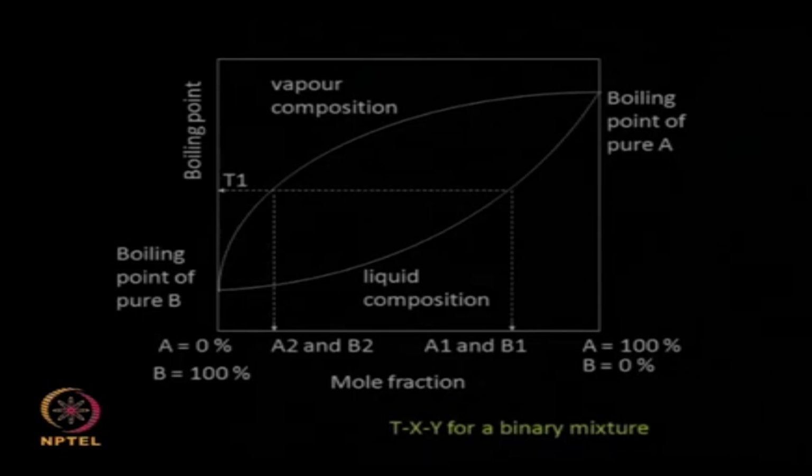in this particular figure. So you can have a situation like this, so you can have this up and this down. So in that situation we can say B is a higher boiler and A is a lower boiler. Okay.